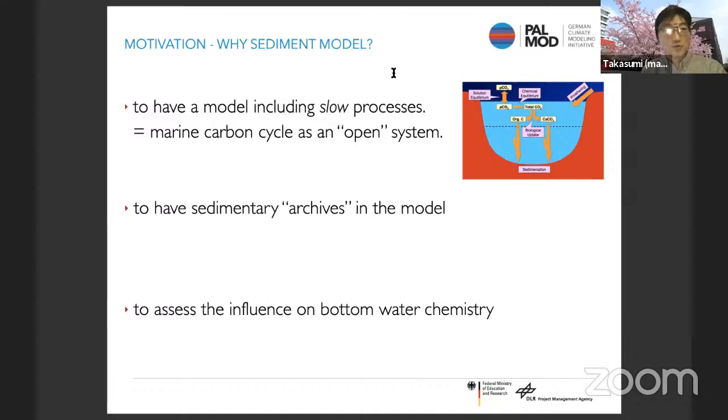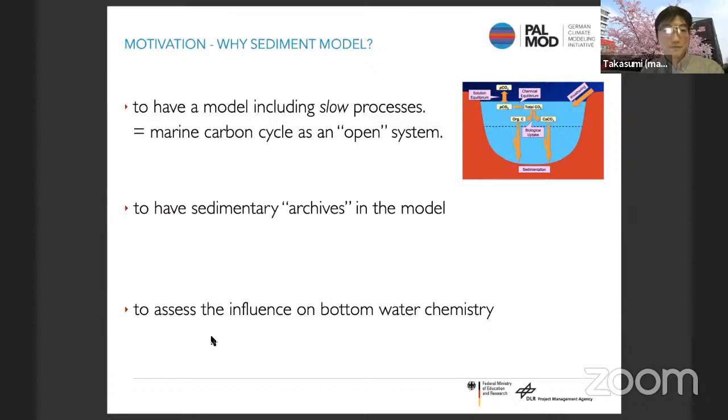First, we needed a model including slow processes from the marine carbon cycle point of view, which means an open system taking into account the transient evolution of the total inventory of biogeochemical matter. Second, we wanted model versions of sedimentary archives that can be directly compared with real archives, providing an additional benchmark of model performance.